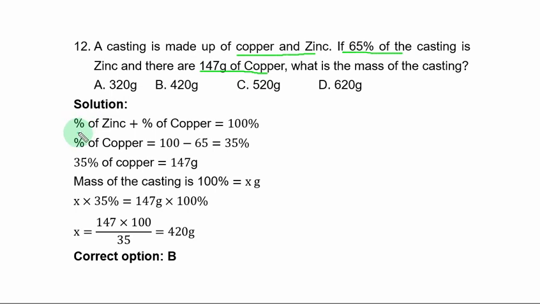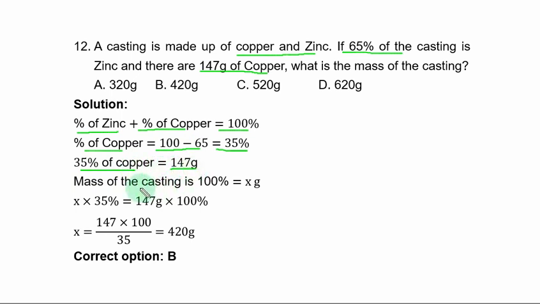Therefore, percentage of zinc plus percentage of copper is equal to 100%. We need percentage of copper, and that is 100 minus 65 equal to 35%. So 35% of copper is 147 grams.